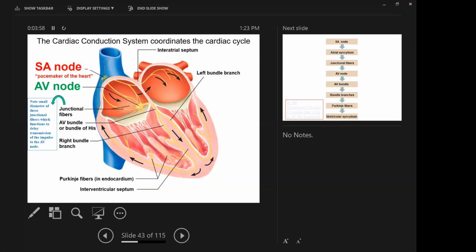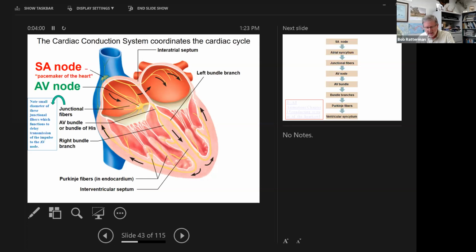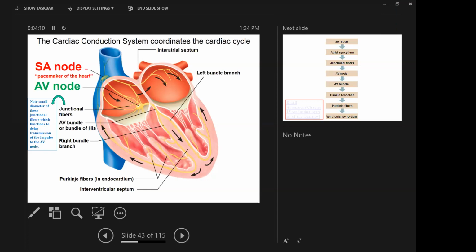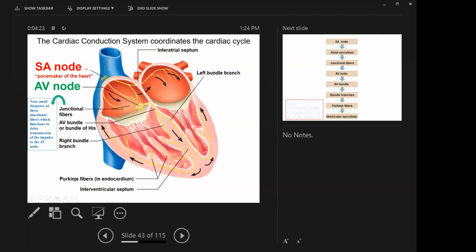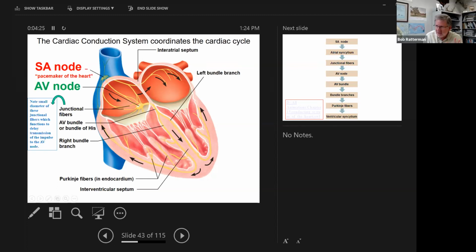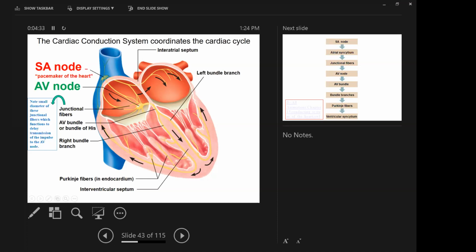That's spelled D-I-A-S-T-O-L-E. Diastole, it's a long E sound at the end. Okay, so we've got the two atria undergoing systole or contraction upon stimulation by the SA node. And you know that when the atria contract, the AV valves open and the blood flows into the two corresponding ventricles, right? Hopefully you know that.